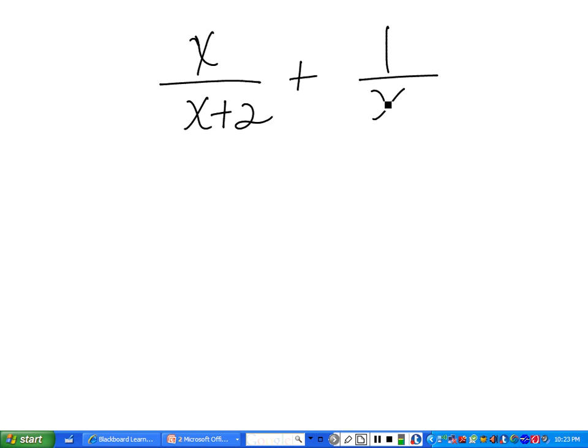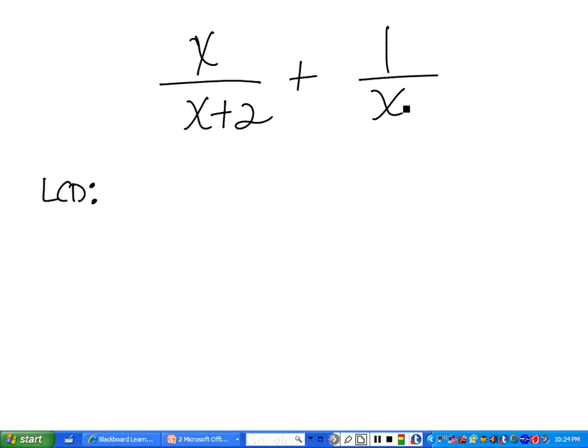Okay, so we have x over x plus 2 plus 1 over x. Let's see what the LCD is. Now, notice that I cannot multiply anything times x to give me x plus 2. It is its own distinct factor here. So don't fight it.